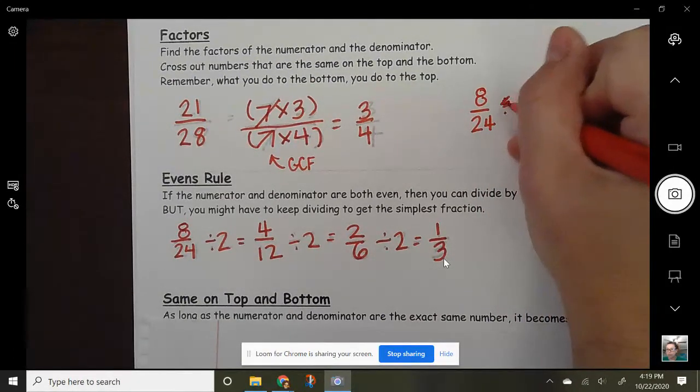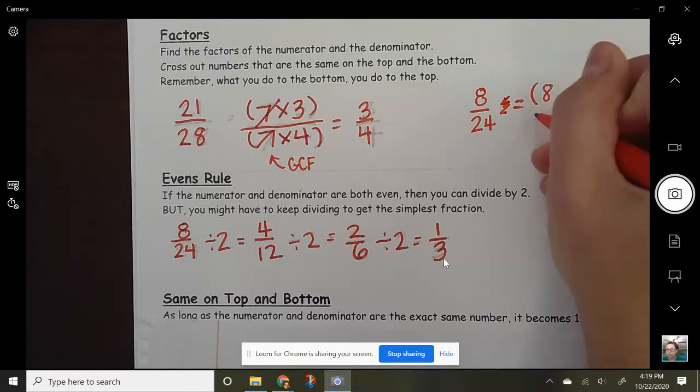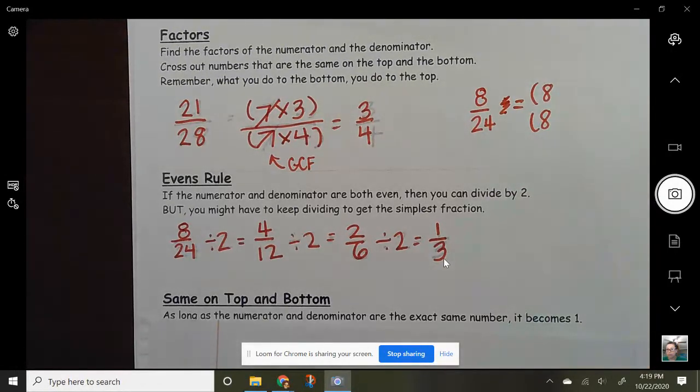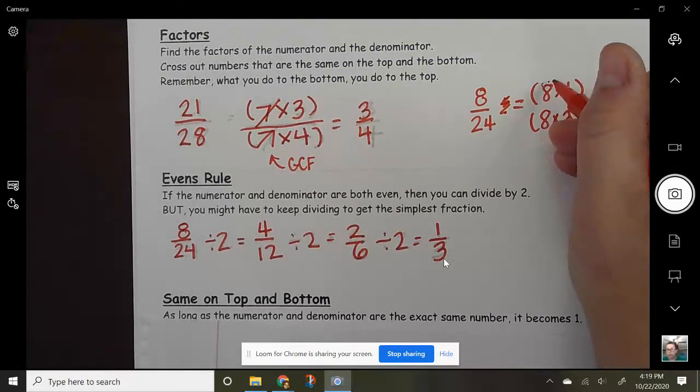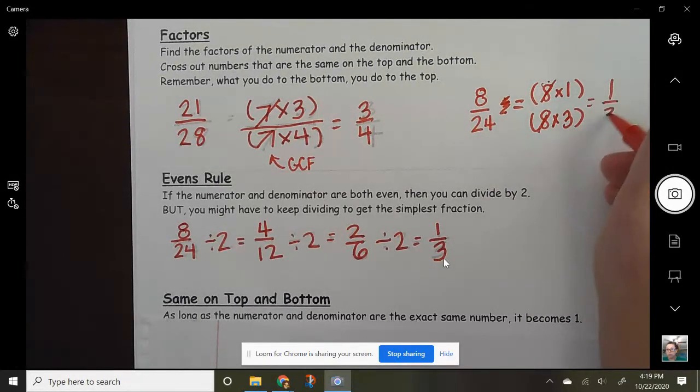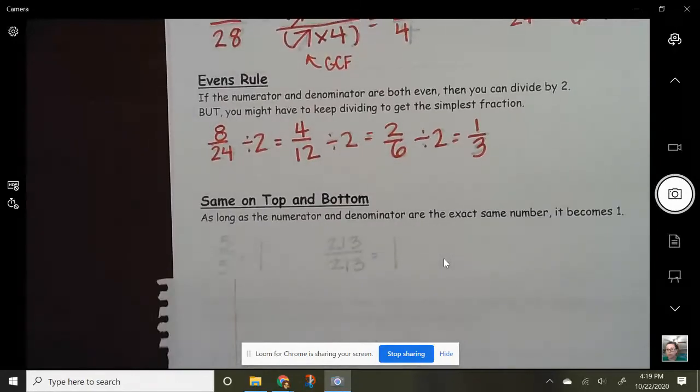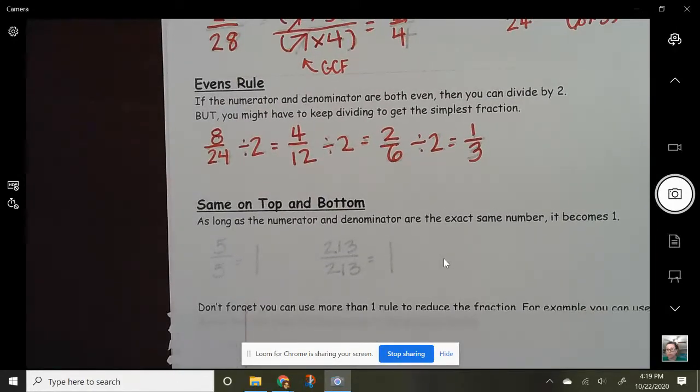So I'll just write 8. 8 times what is 8? 8 times 1. 8 times what is 24? 3. Cross out my 8s. What am I left with? 1/3. Way faster. And just remember, whenever your top and your bottom is the same, it is equivalent to 1 whole.